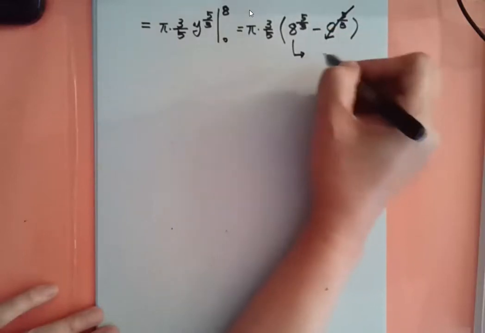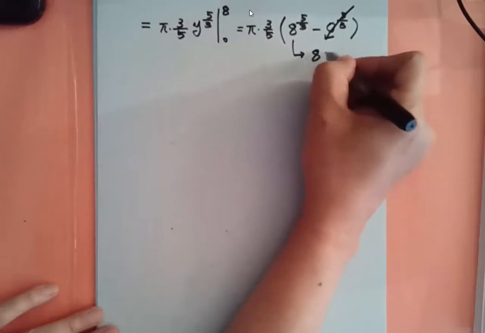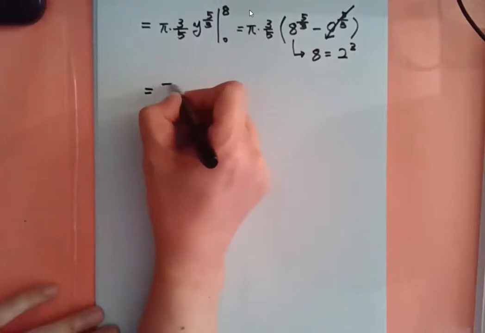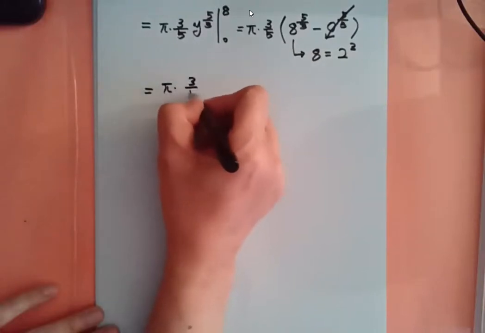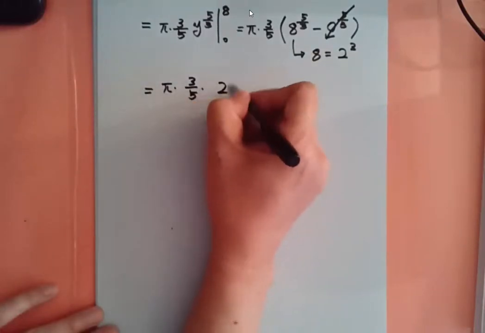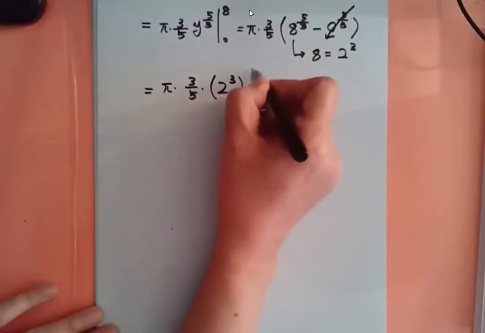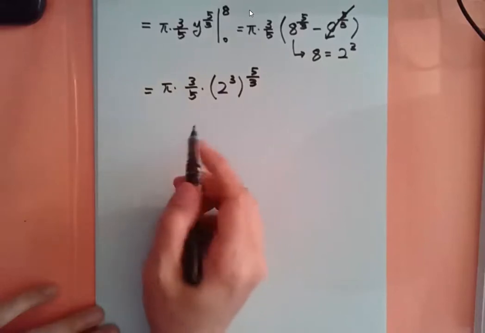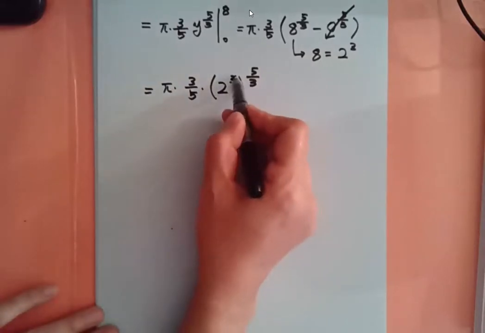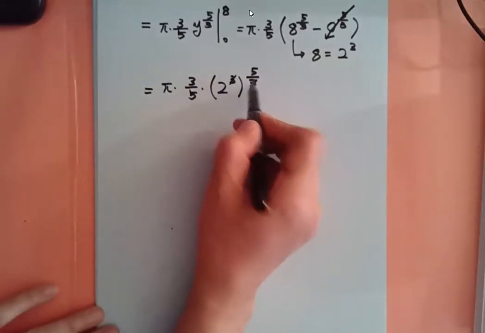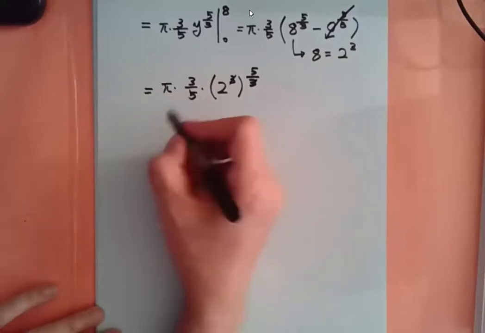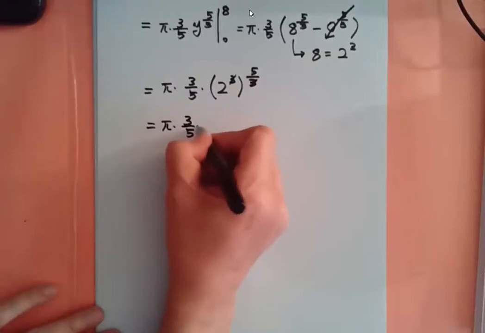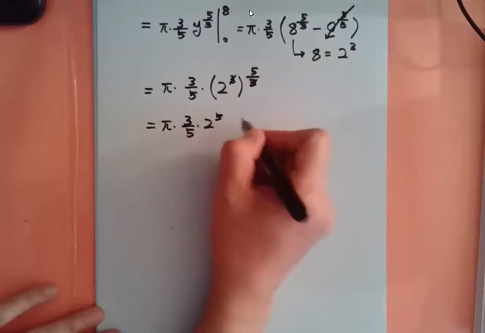And we know that 8 equals 2 cubed. So we have pi times 3 over 5 times 2 cubed to the 5 over 3. By the power rule, we just multiply them, then 3 and 3 will cancel each other. So we have pi times 3 over 5 times 2 to the 5th power.